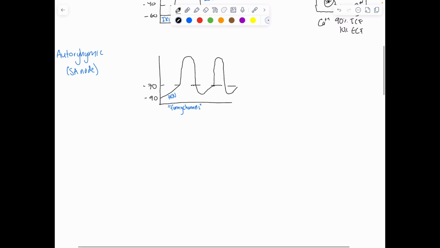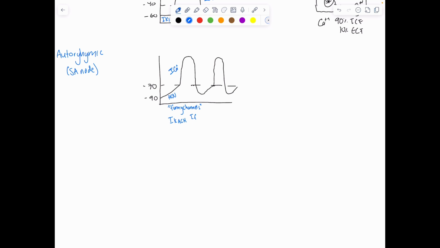And then we have here, which is unique as well, instead of sodium that causes our depolarization, we have calcium. And like before, the I here still stands for current. One thing I forgot to mention down here is that we also have our potassium ACh channels and our IF channels that are causing this phase to happen still.